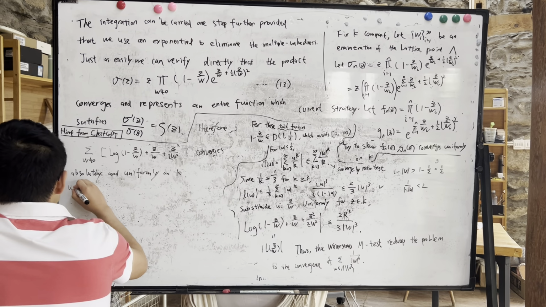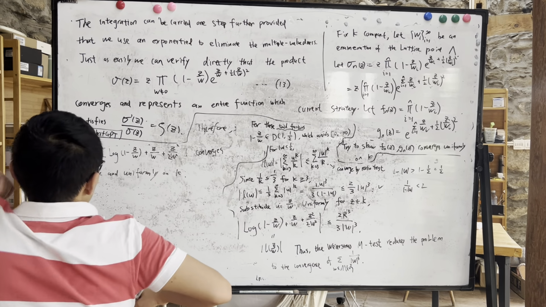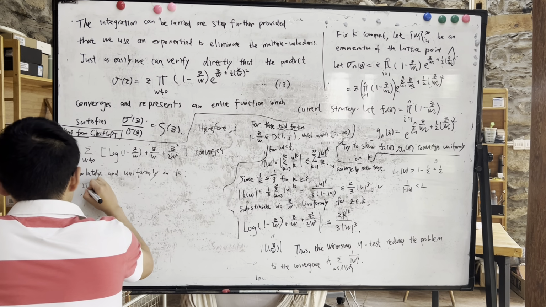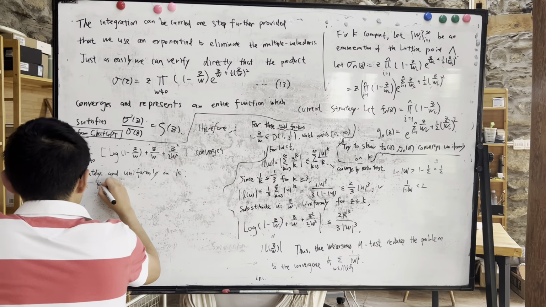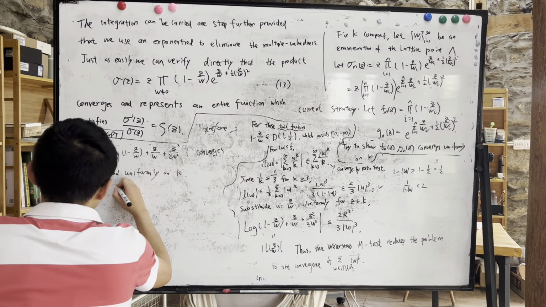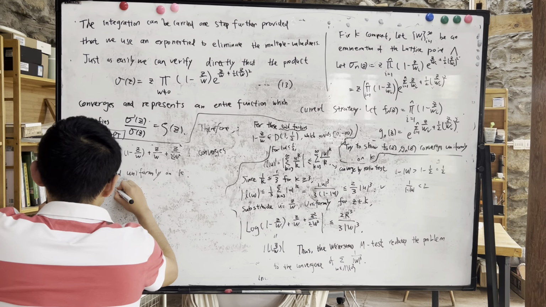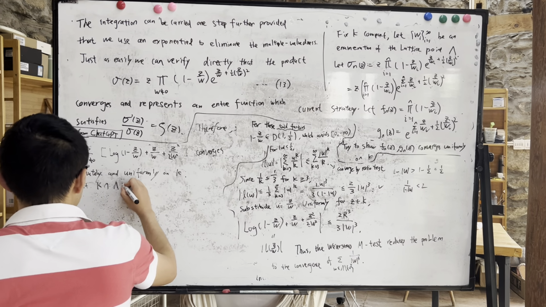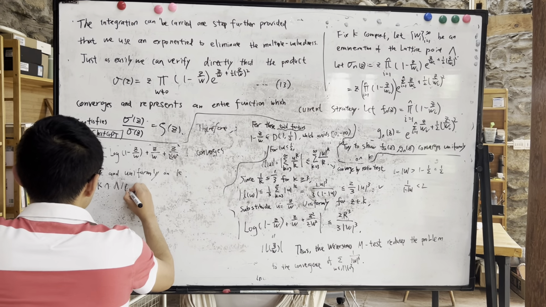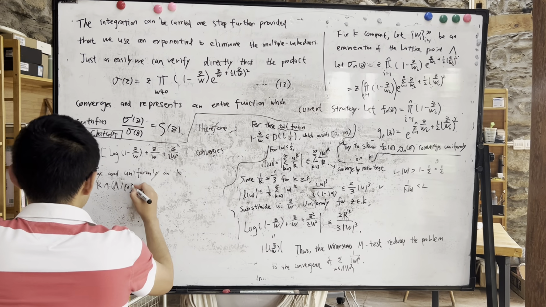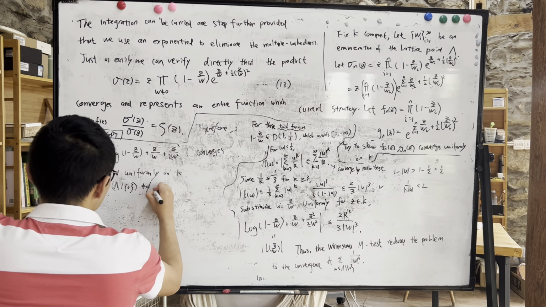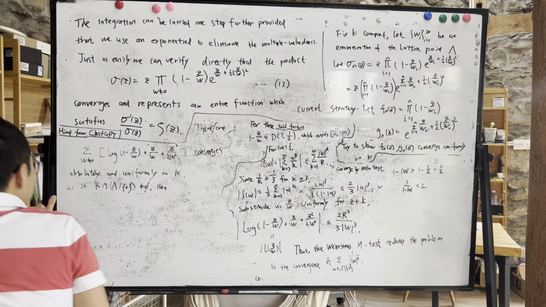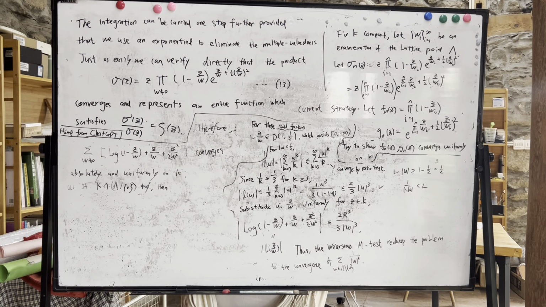So question: if this compact set K intersect the lattice points, so I'll use the notation wedge take away 0 for the lattice points, is not empty, then, shoot. I think I need to switch to another pen.